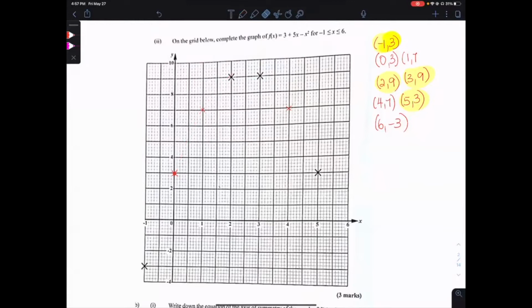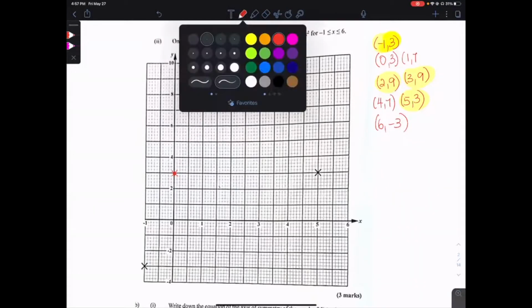Notice it's going to be slightly, we're going to have a maximum point. So we're going to peak here. We could let Nisha in as well. So we're going to take our time and draw a smooth curve.